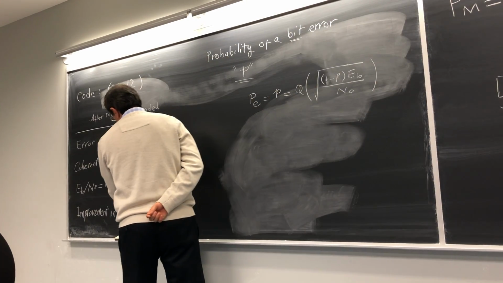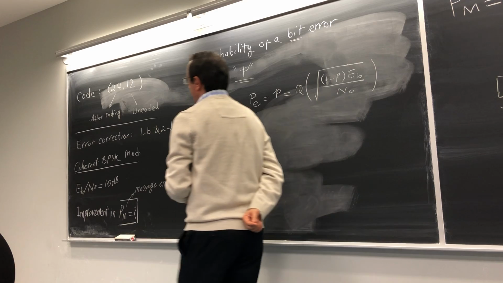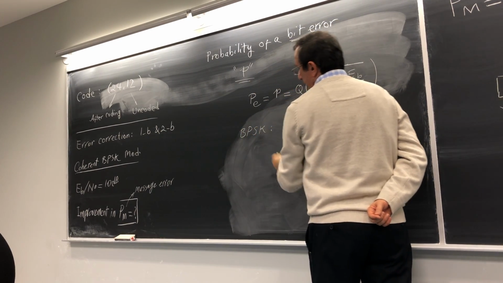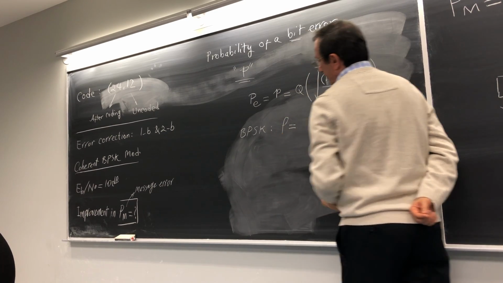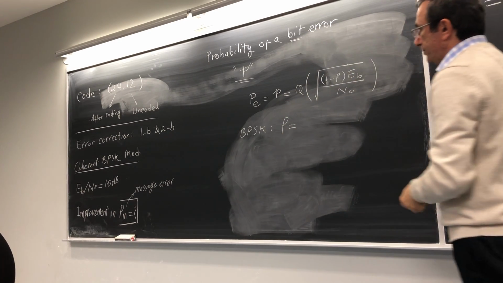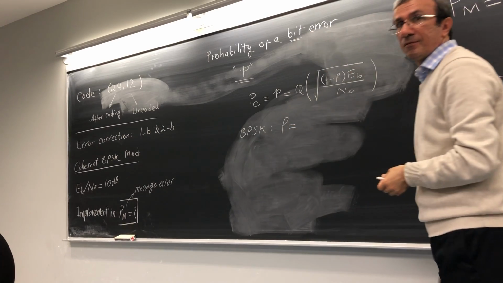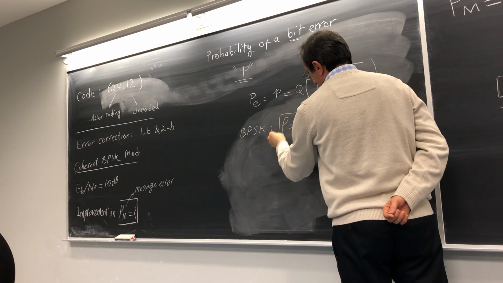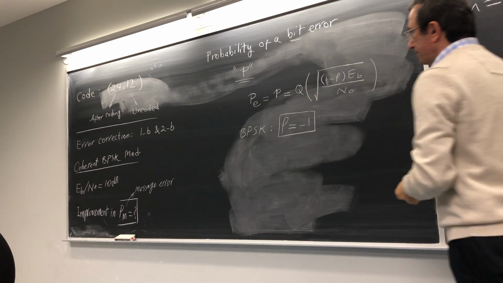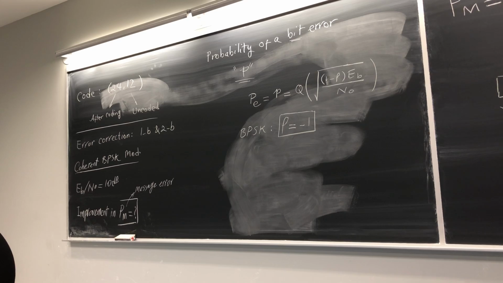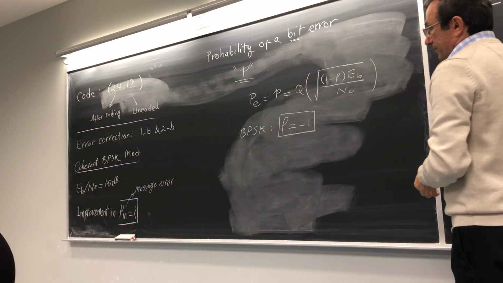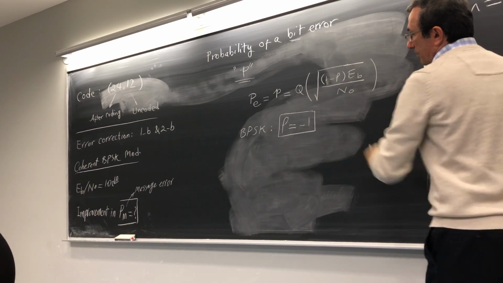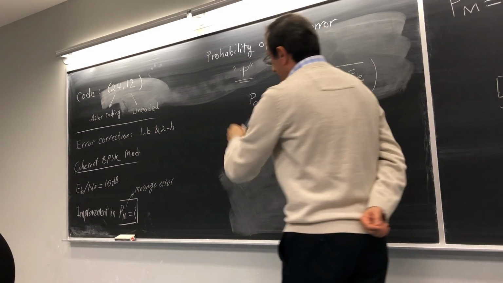The bandpass modulation scheme is BPSK. For BPSK, we know that rho, the cross correlation coefficient, would be how much? Do you remember? It's -1. It's a kind of antipolar signal. So this is rho. Eb over N naught is given, but it is in dB.